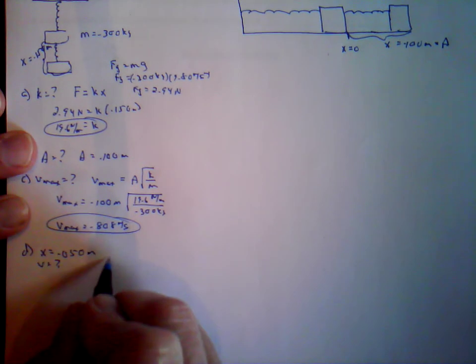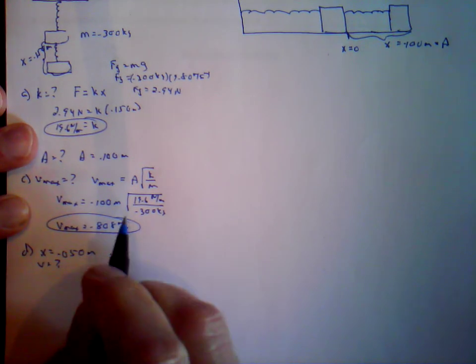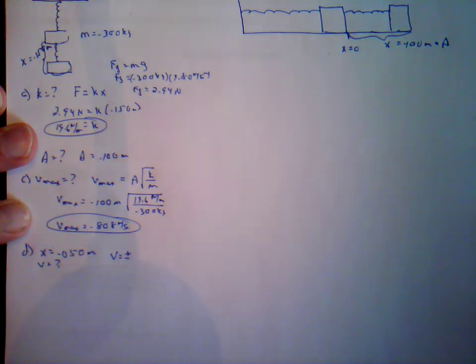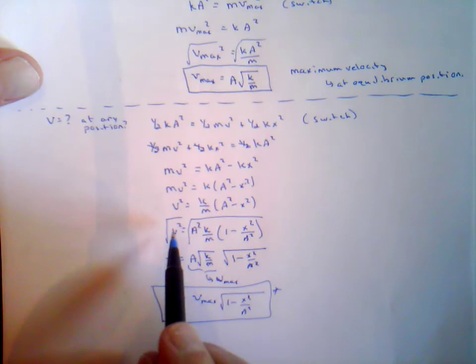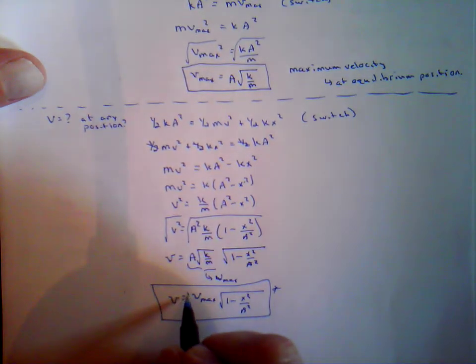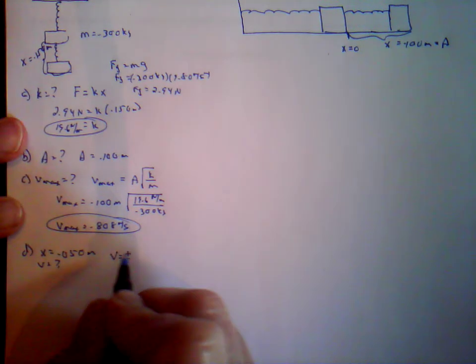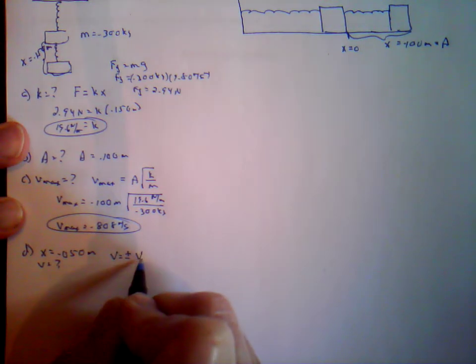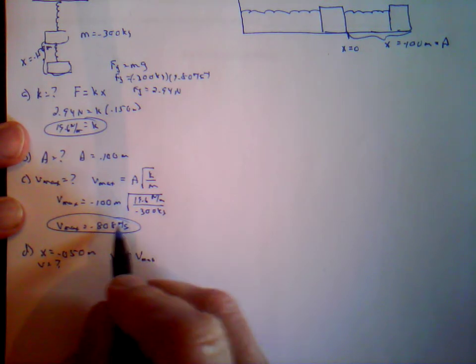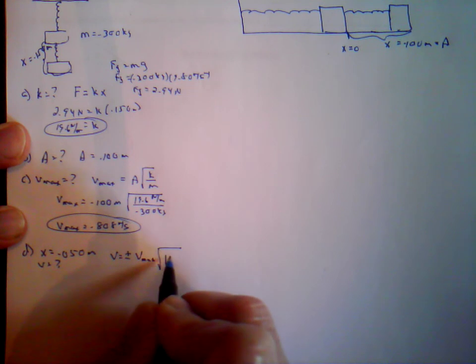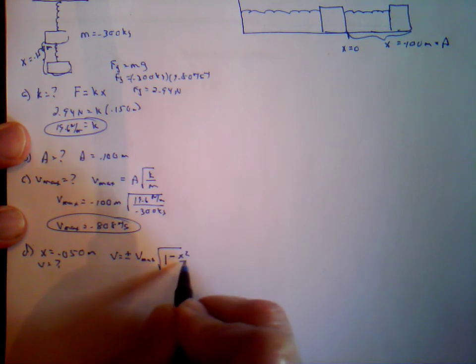Well, we have an equation. That velocity is equal to, actually it's plus or minus that, because in order to derive this we took the square root of this. We take the square root of the number, it's actually plus or minus that. And so this will be plus or minus the maximum velocity, which we just solved for up here, times the square root of 1 minus x squared over A squared.